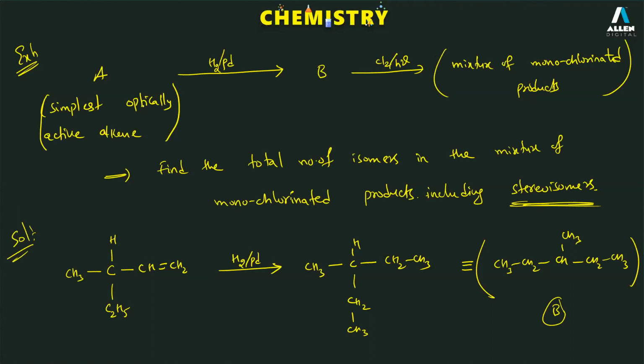The compound A has to be the simplest optically active alkene. If I connect an OH group here, is it called an alkene? It has to be an alkene ultimately. Whatever compound you have chosen, it has to be an alkene. It cannot be an alcohol. If I have a chlorine, you will call it an alkyl halide. It is no more an alkene. That is the reason.